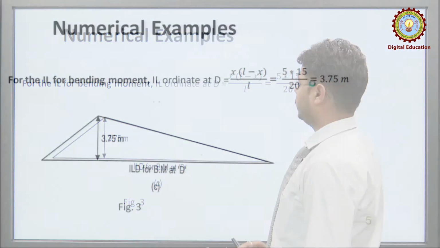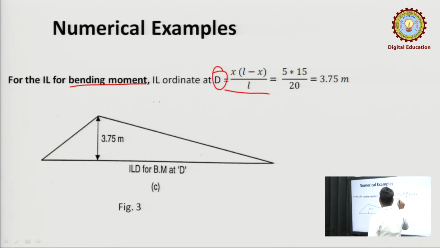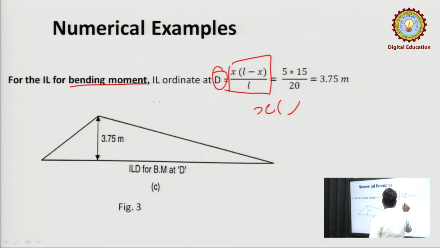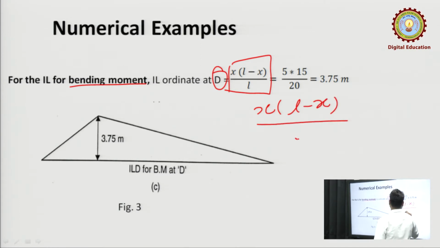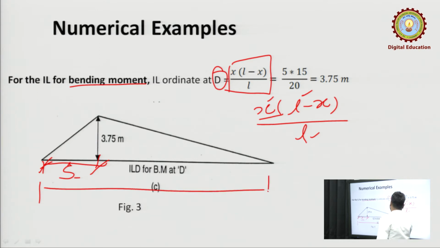Similarly, we can draw the ILD for bending moment, for the ordinate at D. What was the formula? The formula is x times (L minus x) upon L. You can simply put in the values of x, L minus x, and L. The section is at 5 meter, and the total span length was 20 meter.